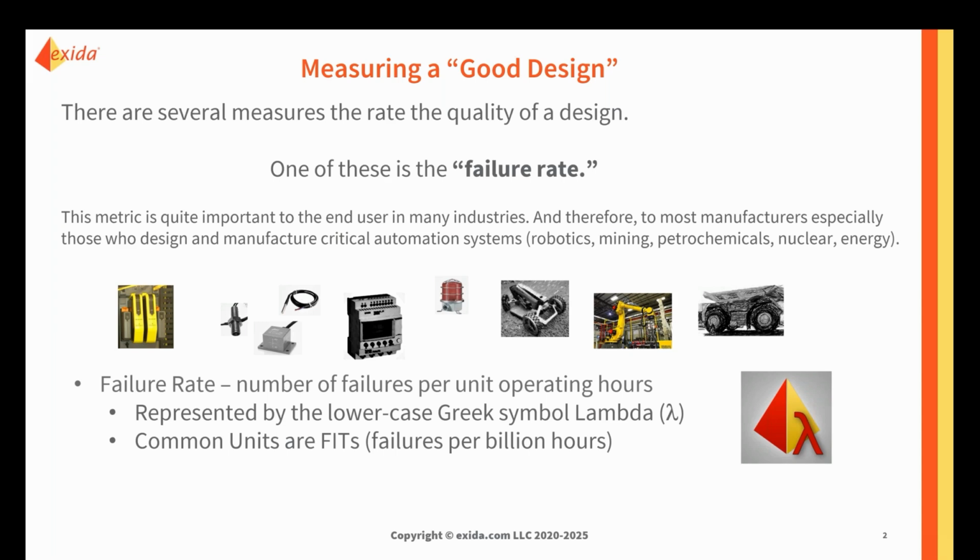This metric of failure rate is pretty important in many industries, especially where the cost of a false trip, or worse yet, an automation system failure, is a very costly event. The definition of a failure rate is the number of failures per unit operating hours, and common units for that are called FITs, failures per billion hours.